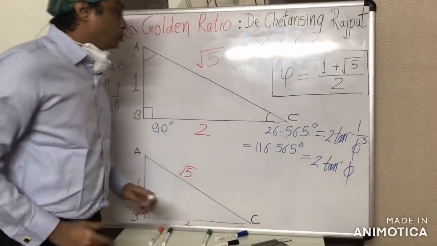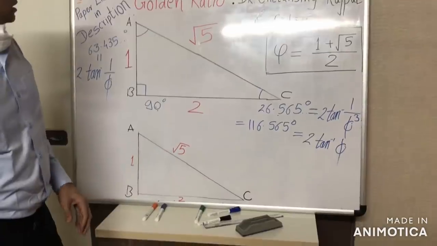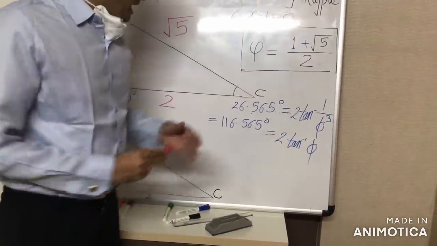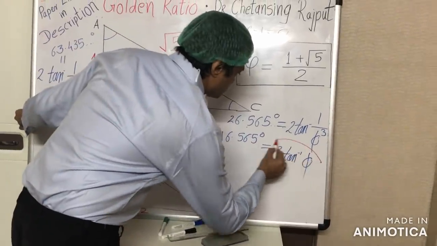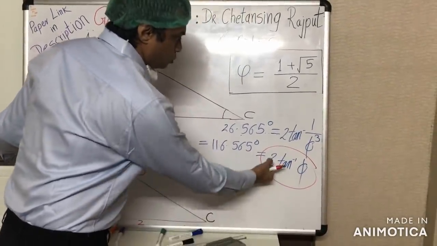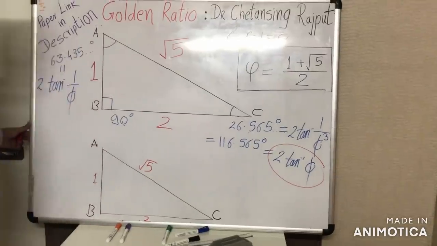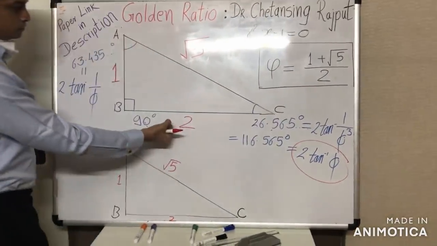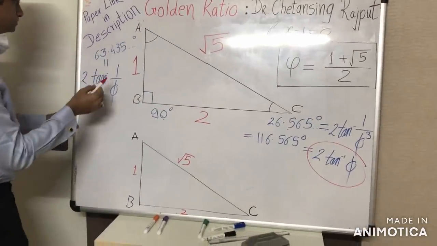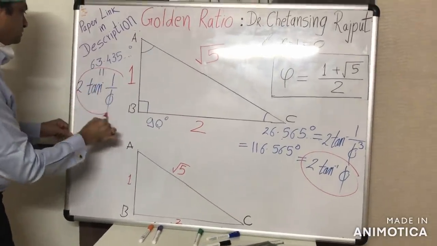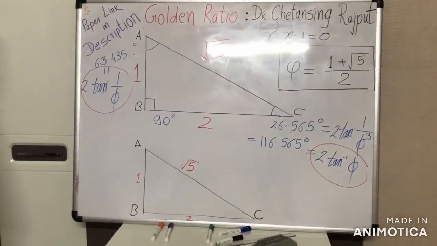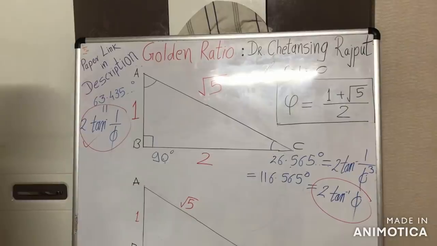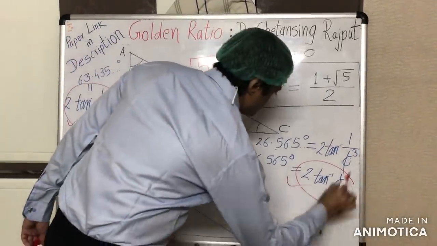Now look at these two figures. The angles against the sides 1 and root 5 add up to twice the arc tangent of the golden ratio. And the angle against the denominator side, the longer cathetus, is twice the arc tangent of the inverse of the golden ratio.